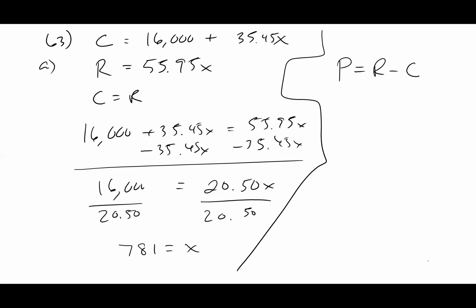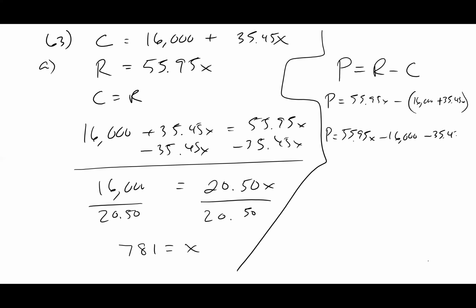And you'll notice that there's some similarities right here because profit is equal to 55.95x minus 16,000. I'm going to write a little smaller here to fit it in. 35.45. Oh, sorry, it's a plus. Sorry, plus sign right here, minus sign here.